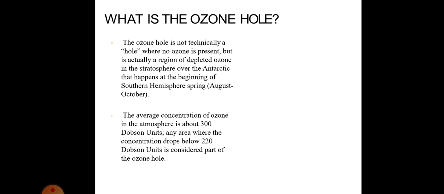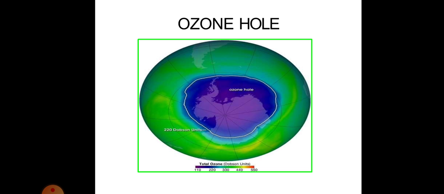The average concentration of ozone in the atmosphere is about 300 Dobson units, and any area where the concentration drops below 220 Dobson units is considered part of an ozone hole. The concentration is represented in a unit which we call a Dobson unit.